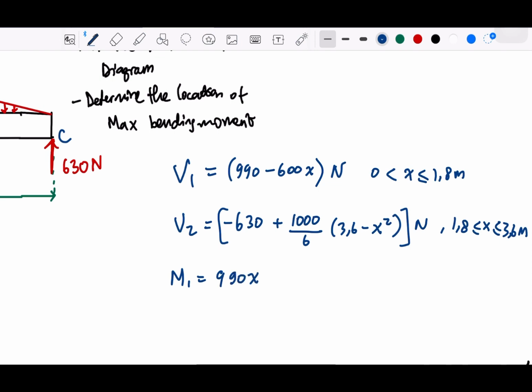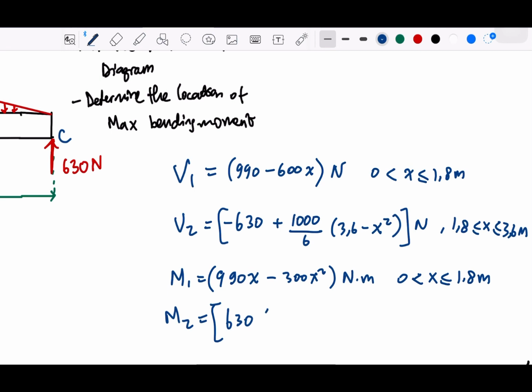Simply, we are taking integrations from V1 and V2. This is going to be divided by 2, it's 300x squared Newton meter from 0 to 1.8 meter, and M2 is 630 times (3.6 minus x).